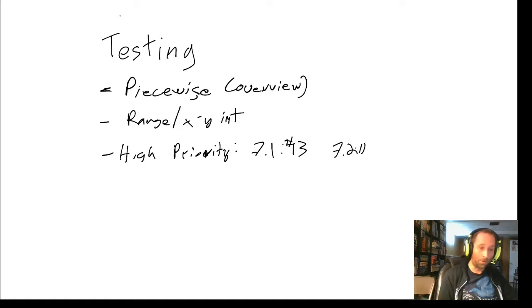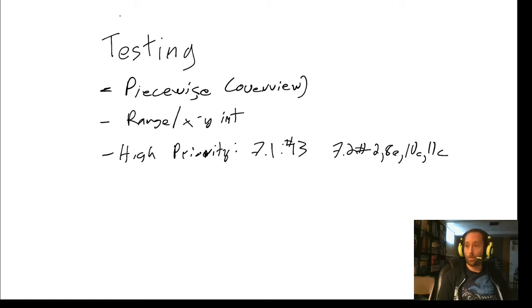From 7.2, I plan to go through 2, 8E, 10C, and 11C. There's some other questions that were asked by a few people as well, and I might circle back to that. So let me go through those concepts here first.